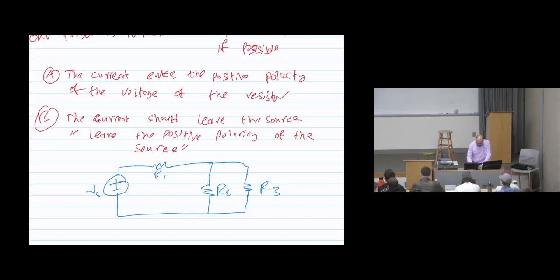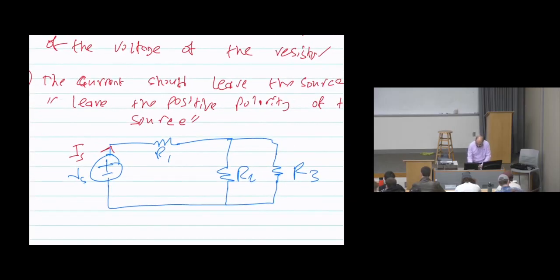So the current will be out here. That's why I'm going to call it IS. Then IS keeps flowing, and at this point it will split: I2 here and I3 here. Then at this point, I2 and I3 will merge together, which will be the same as IS.